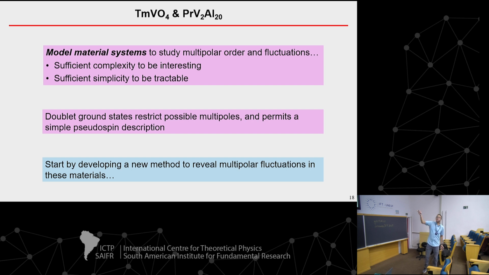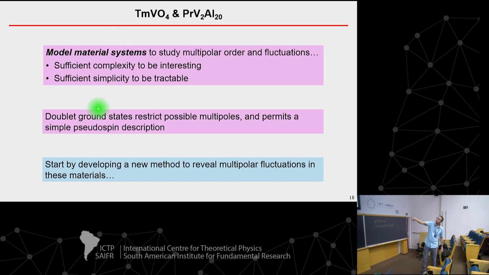All right, so how do I think about these 2 materials? These are model material systems. Hopefully that point's sort of coming across. In this case, to study multipolar order, I would say there's sufficient complexity to be interesting, but sufficient simplicity to be tractable. And that's what, in my mind, makes a model system.